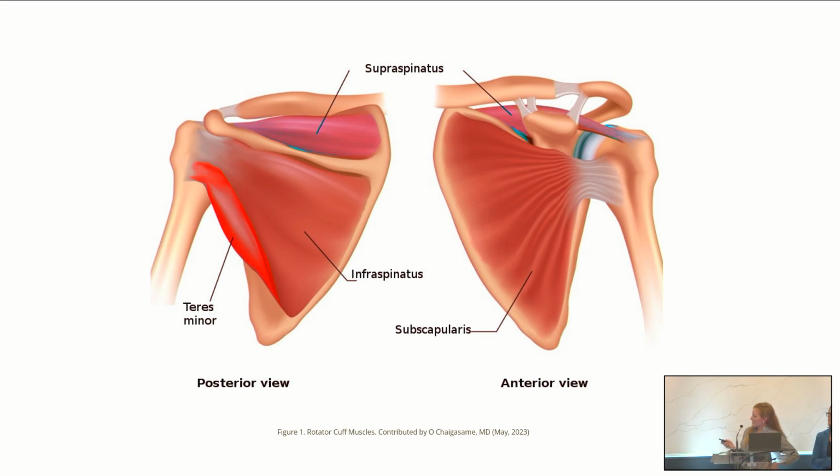As you can see in this illustration, supraspinatus sitting up top is at a higher vulnerability to injury as it sits right underneath the acromion, putting it at risk of tear related to impingement or repetitive microtrauma for our patients doing a lot of overhead work. It makes up about 60% of rotator cuff tears.